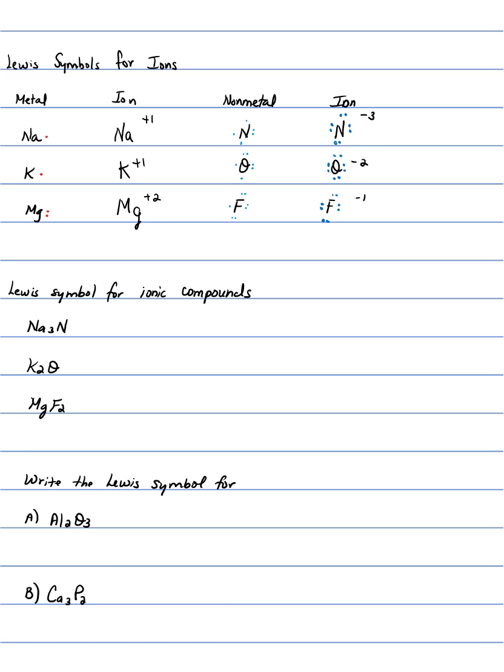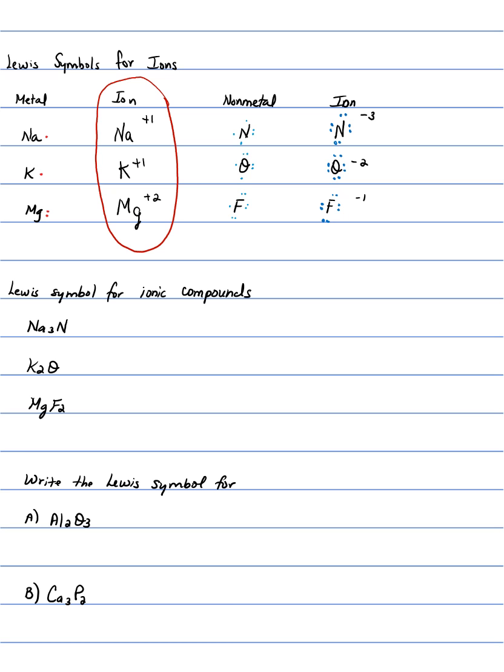So we can see a trend for the Lewis symbol for ions. If you check the Lewis symbol for the metals here, you have the ionic symbol showing you the symbol for the element and the charge that you have, and no dots around because the metals are losing those electrons. So no dots around the symbol, Lewis symbol for the metallic ions.